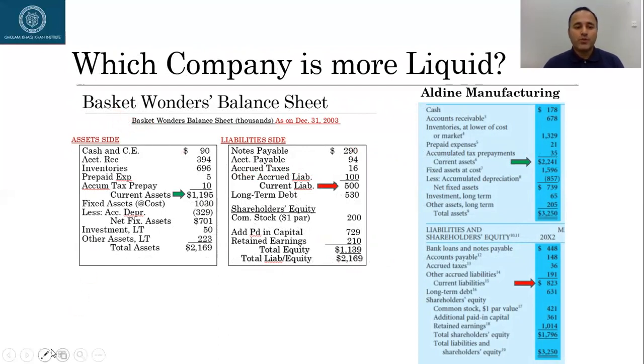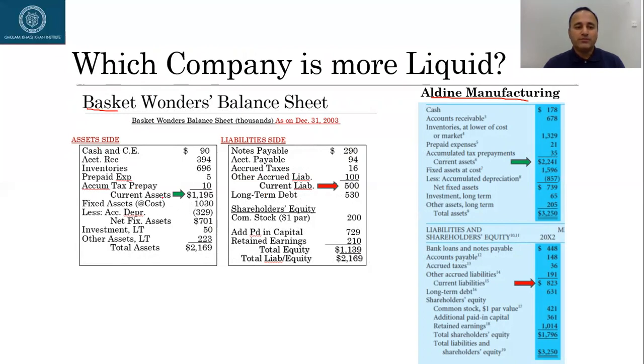One is Basket Funders, and the other one is Aldine Manufacturing. Which company is more liquid? And if I say liquid, it means which company is more able to pay their short-term liabilities. So I'm talking in a comparative sense.